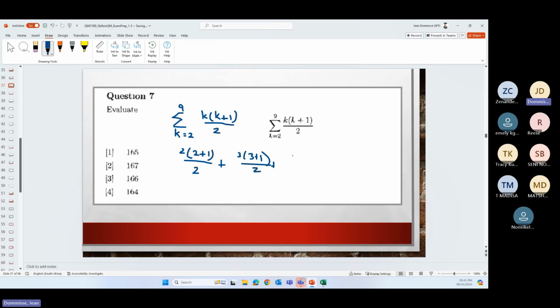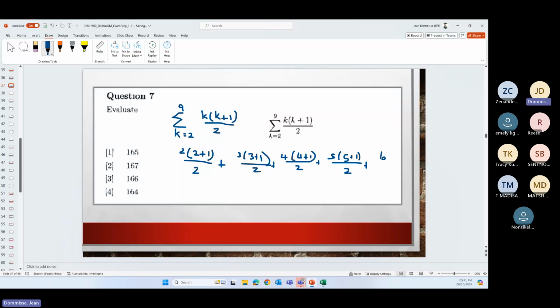Then replace with 4. Then with 5. And be very careful, because in this one again, it's very easy to make mistakes.